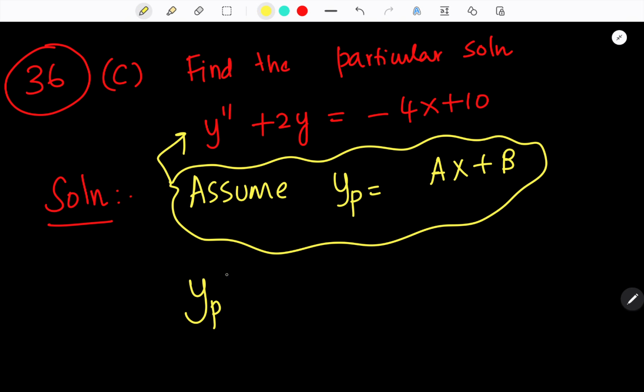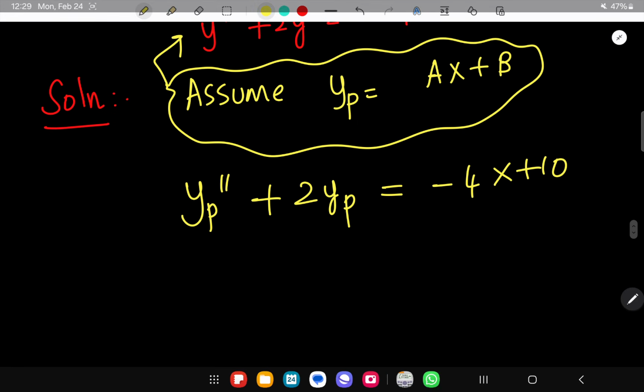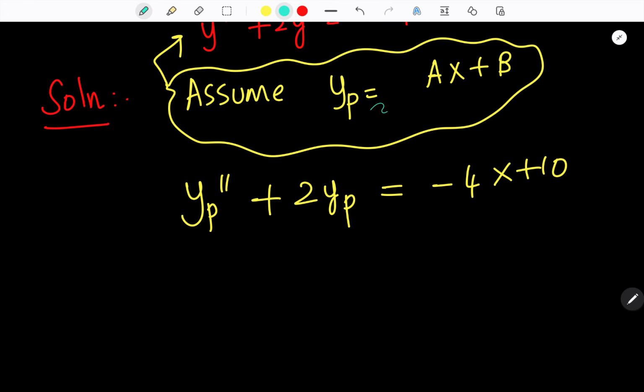If I assume this as a solution, it must satisfy this equation, right? So it goes as yp double dash plus 2yp is equal to minus 4x plus 10, right? If this is your yp, what is your yp dash? Your yp dash: ax derivative is a, and b derivative is 0. And your yp double dash is 0, the derivative of a.